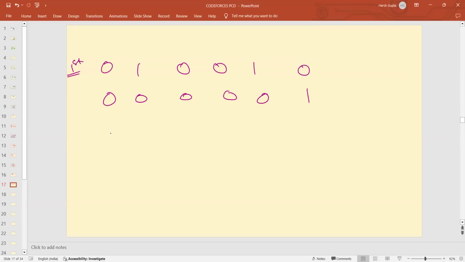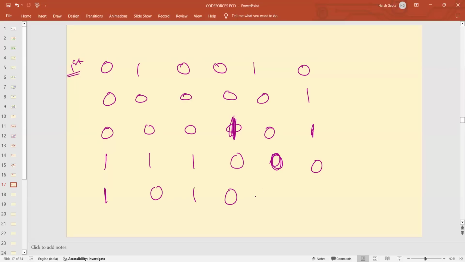Then we have 0, 0, 0, 0, sorry, 1, 0, 1. And then we have 1, 1, 1, 0, 1, 0. Then let's take this as 0 as well. And then we have 1, 0, 1, 0, 0, 1.